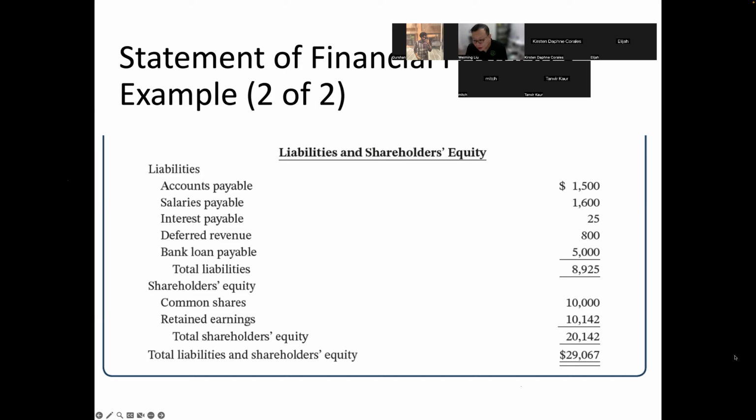Yeah, this statement is called a balance sheet. And the word balance comes from that accounting equation, right? So your asset equals liability plus equity. That has to be balanced, right? Otherwise, something's wrong with your journal entry.